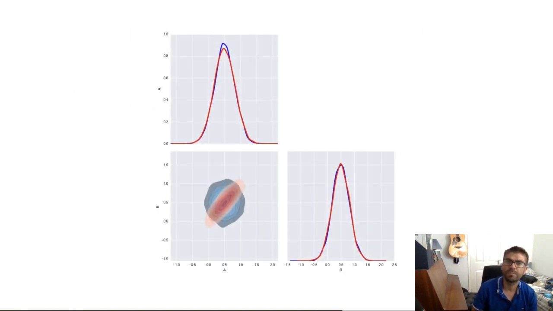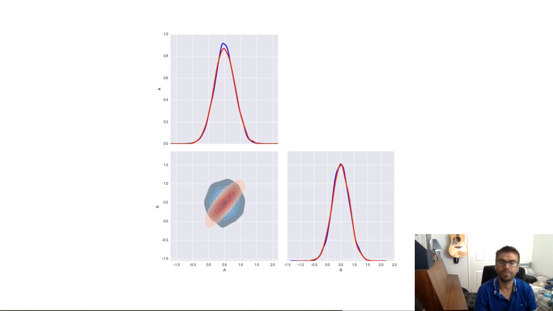So again, let's go to a simple example and show how having access to the full posterior probability distribution gives us that extra information. On the bottom left-hand plot here, we have a 2D posterior probability distribution for our parameters A and B. And we have two posterior probability distributions, one in blue, one in red.